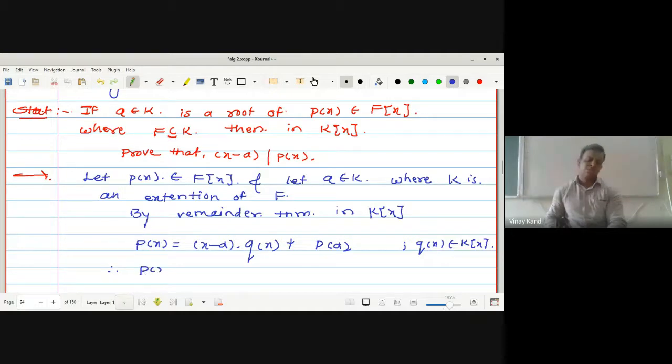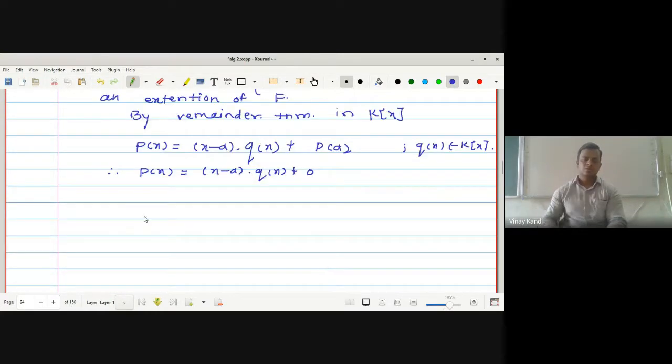So therefore p of x is equal to x minus a into q of x, since the value of p of a is 0.